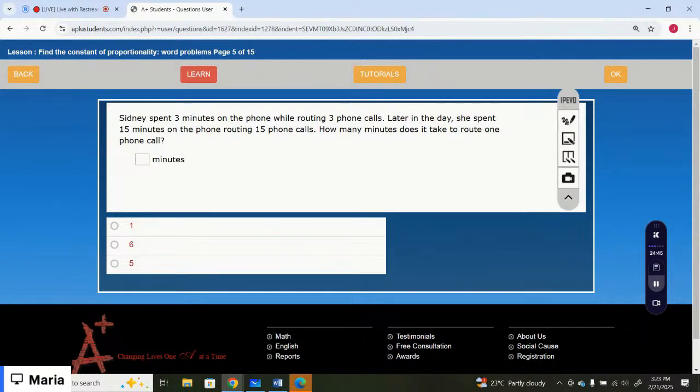Sydney spent 3 minutes on the phone while routing 3 phone calls. Later in the day, she spent 15 minutes on the phone routing 15 phone calls. How many minutes does it take to route one phone call?